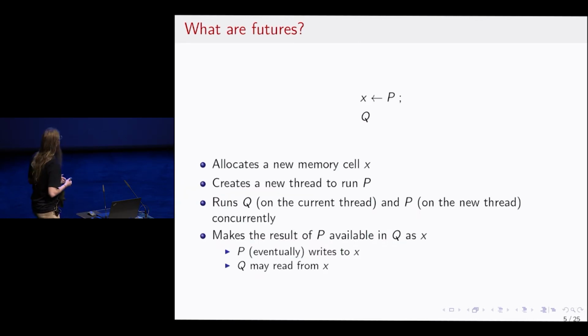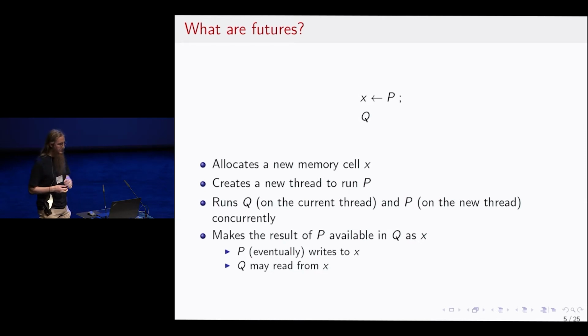So in case you're not familiar with them, I'm going to talk briefly about what futures are. For this talk, I'm going to be using this x left arrow p semicolon q sort of imperative style notation because I think that it's fairly illustrative of what's going on. So this construct is going to allocate a new memory cell, x, and create a new thread that will run p, and run q on the current thread, the one that existed beforehand, and p on the newly spawned thread concurrently.